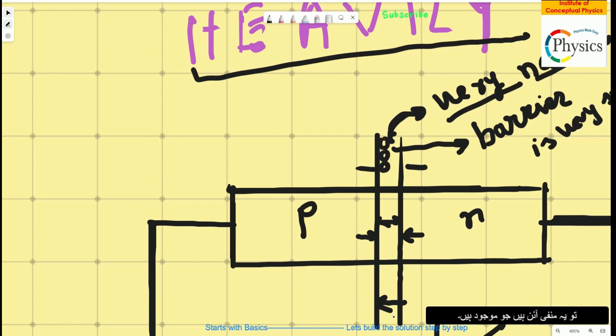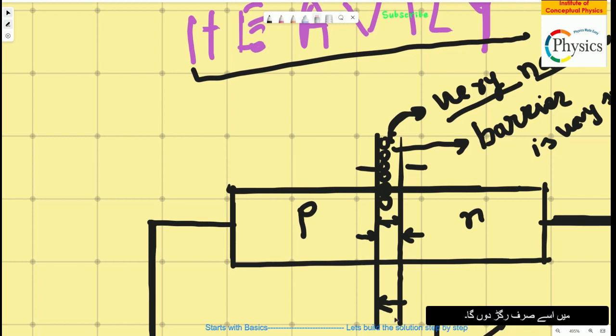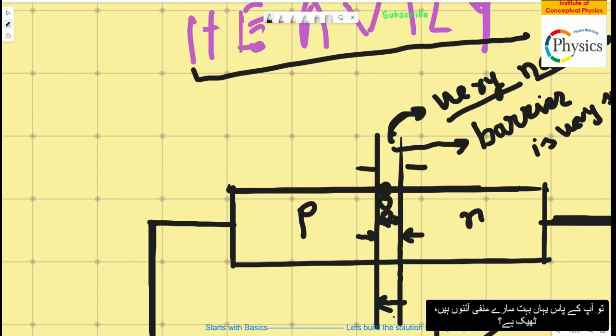Sorry, I should not have drawn it here. I will just rub this off. It cannot be outside, so let me just rub these off. They are inside the depletion layer region. So you have a lot of negative ions here, right?